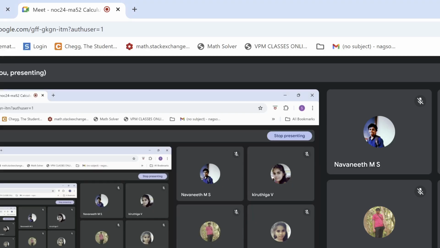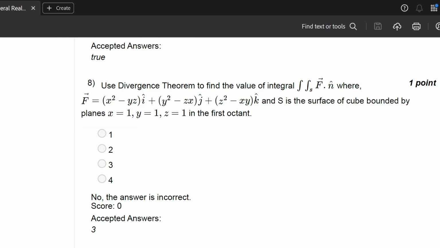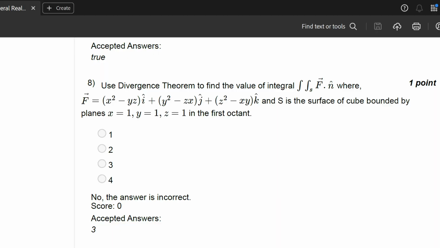Suppose the vector field is differentiable, that is correct. But I am asking, what about the surface? The surface is any surface.